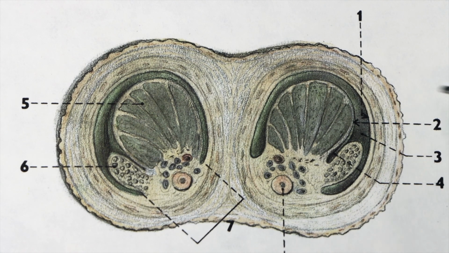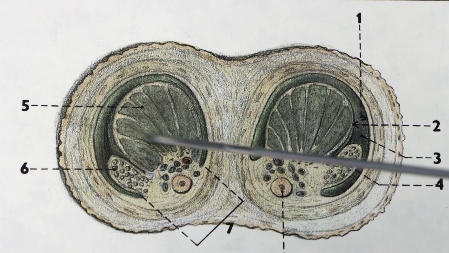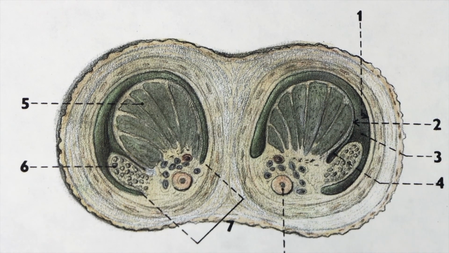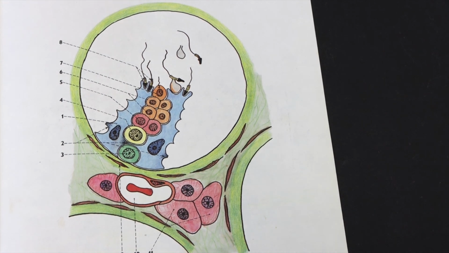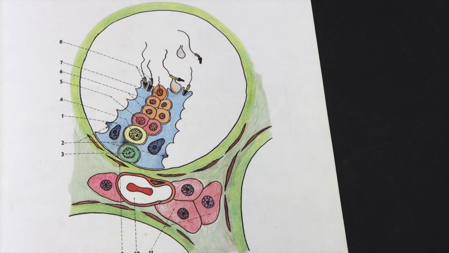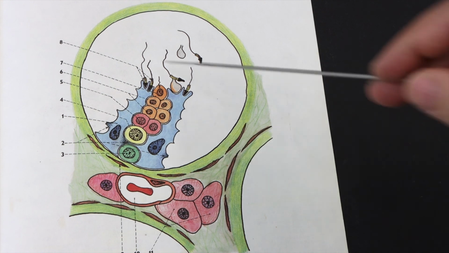And now I'm going to tell you about the details of what happens inside these lobules of the testis, where the seminiferous tubules that I already mentioned are located and spermiogenesis happens. Here is the transverse or horizontal cross-section through the seminiferous tubules of the lobules inside the testis.